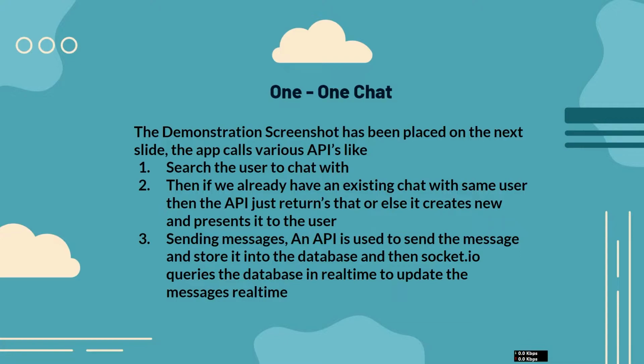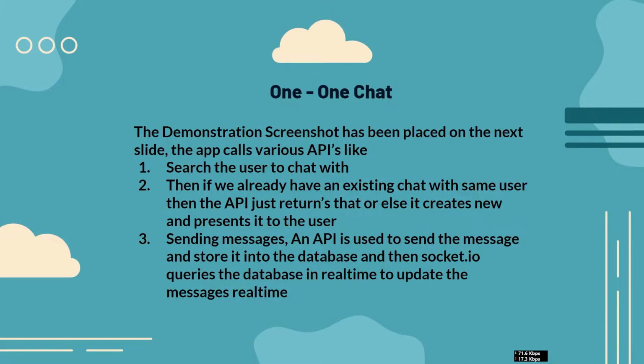For sending messages, I have also used APIs to store my message into the database and bring it to the front end. And then I've used Socket.io to make the chat app real time, according to the database changes.